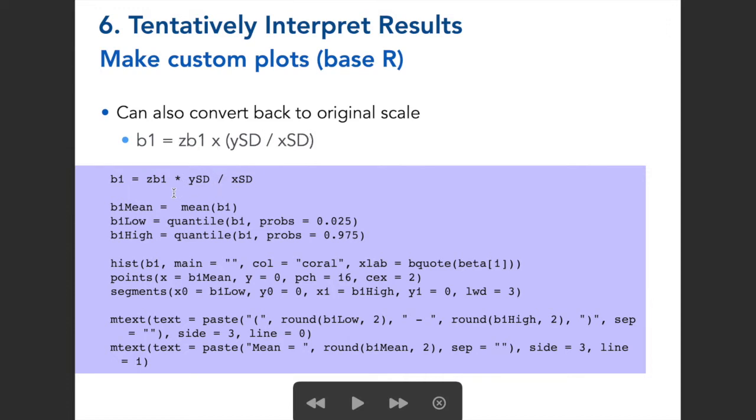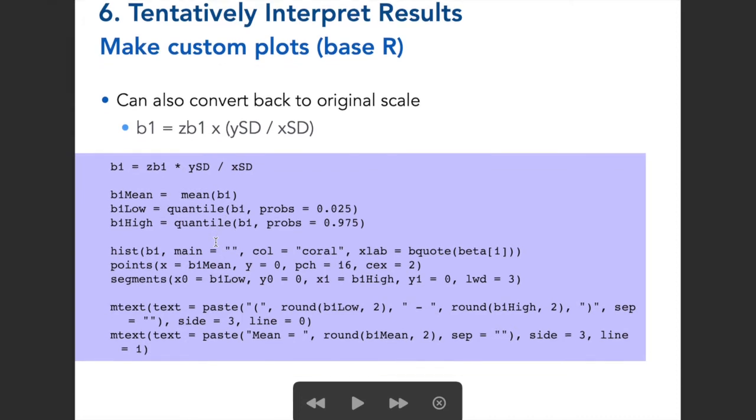It's always going to stay the same. So that is how we convert our beta 1 coefficient back to the original scale. And so we can do that. Then we can use these functions we've used before. So we can calculate the mean of this coefficient and the low and high 95% highest density intervals. And then we can plot them.